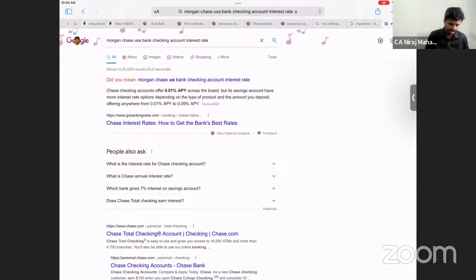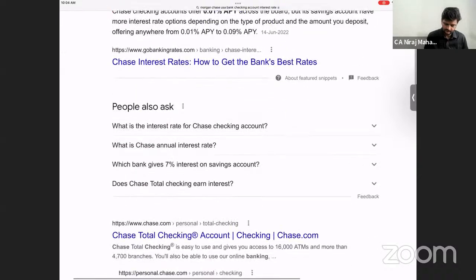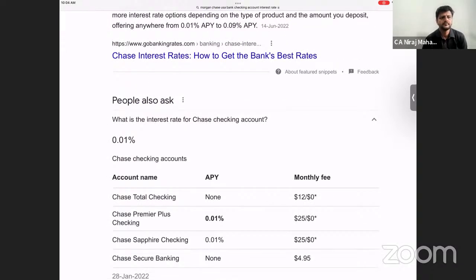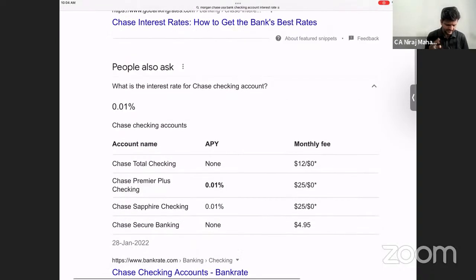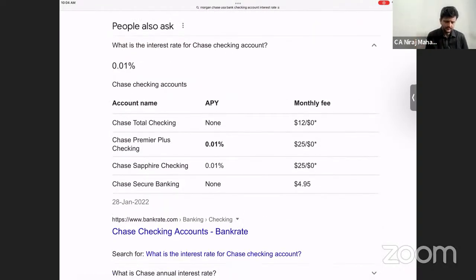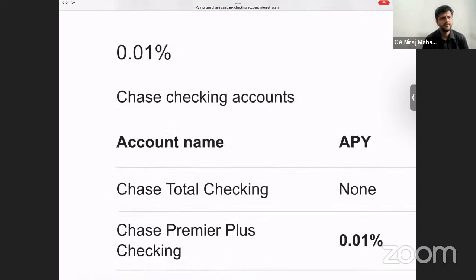What do you see? Annual per year, some interest, some APY, whatever wording they're using. What is the rate of interest? Tell me. Not even 1%, not even 0.1%. That is 0.01%, which means as good as nothing.